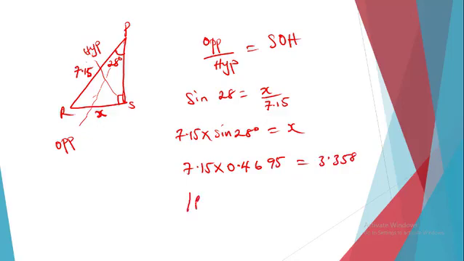So our line RX will be equal to 3.36, rounding up. So that is how to solve problems like this in trigonometry. To refresh your memory on what we've done so far, take the test on the screen.